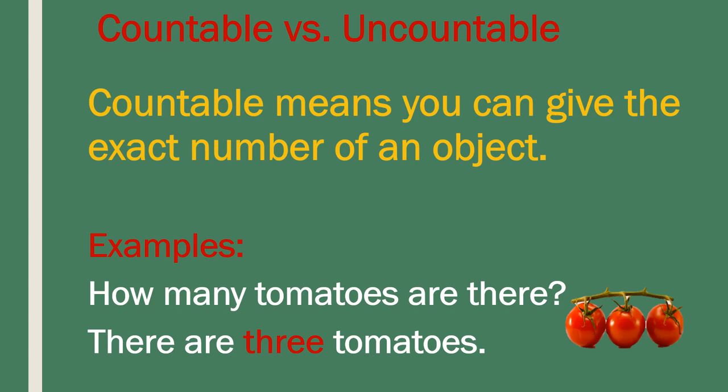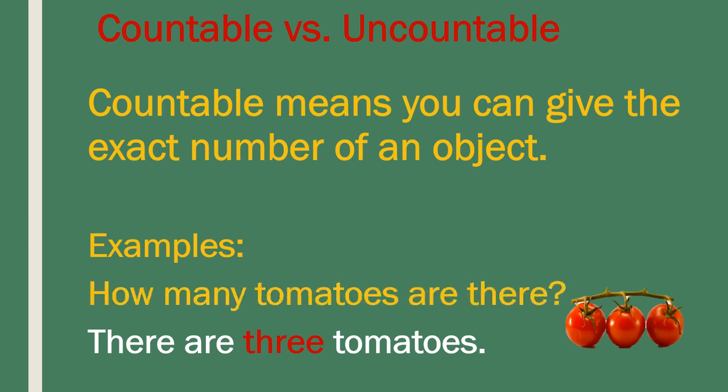So you can see the number. How many tomatoes are there? There are 3 tomatoes. So another example of a countable noun is tomato. You can count tomatoes one by one. Is that clear? Yeah.